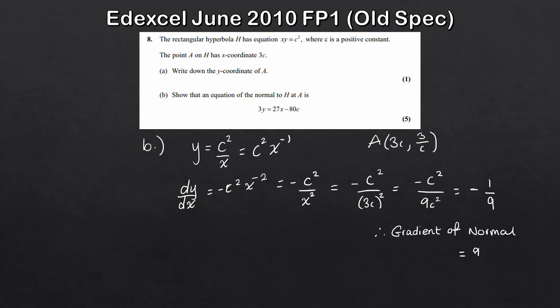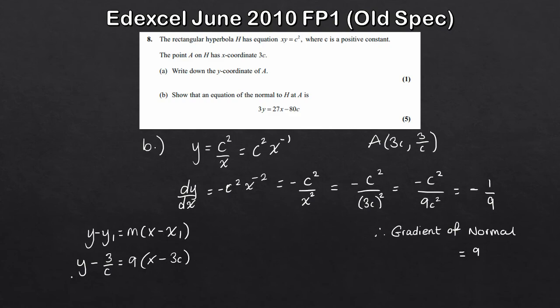So now we've got the gradient, we have the point, we just need to start rearranging and substituting our point in. So, using y minus y1 again, we can write this as y minus 3 over c. That's equal to m lots, so m is 9 times x minus x1, and x1 is 3c.